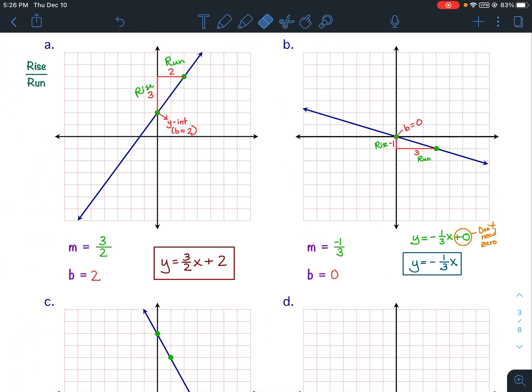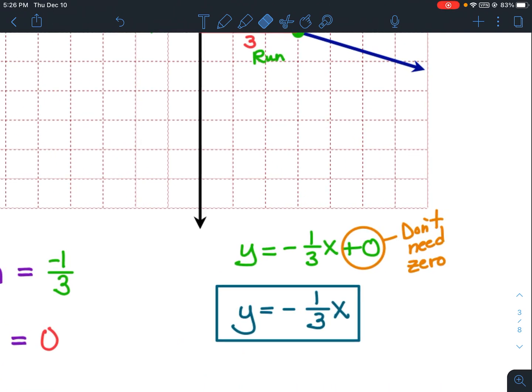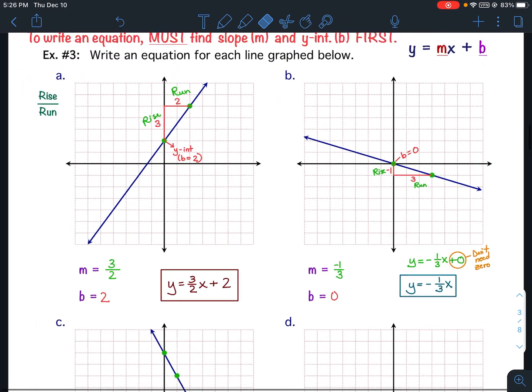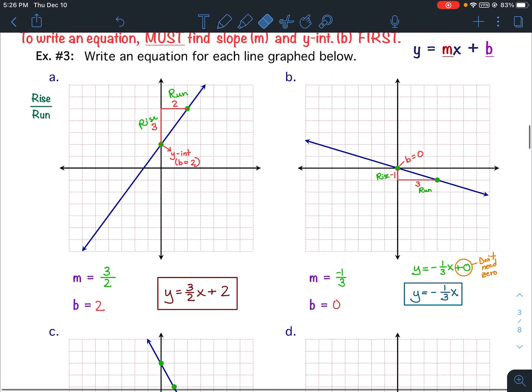All right, make sure you pause your video and write everything down. If I wrote it down, you need to write it down, including the don't need 0 part, okay? If you have any questions on example 3, problems A and B, please let me know.